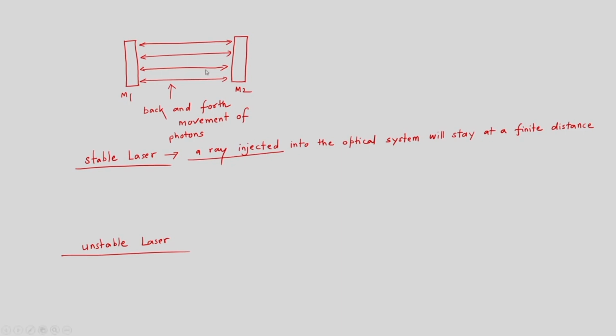So, a ray we are injecting, so we can consider these as rays, and these rays are staying at a finite distance from the center of the system, or from the axis of the system. In this case it is the axis of the system. After many rounds of trips, these rays are parallel to each other and they are at a finite distance from the center. So, that we call a stable laser.